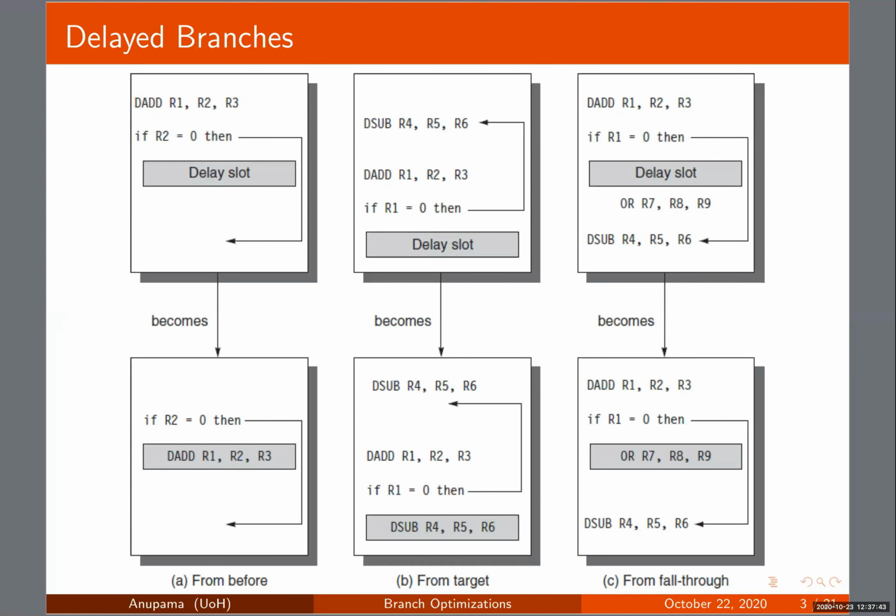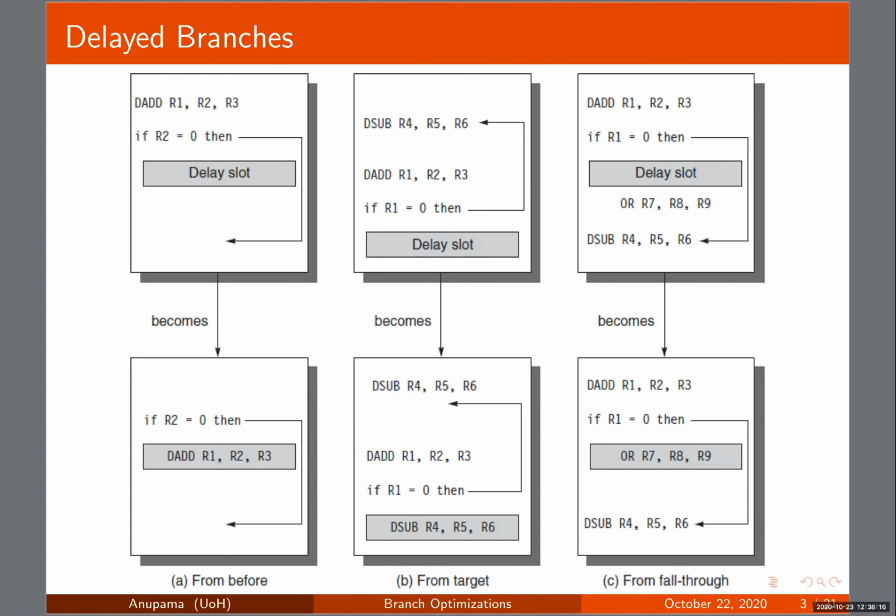If this instruction is an instruction before the branch, then it is very, very nice, because an instruction which occurs before the branch should always be executed, and therefore it will always be executed in the delayed slot. And therefore, we don't have any stall at all, because we are not wasting that slot at all, we are doing useful work.